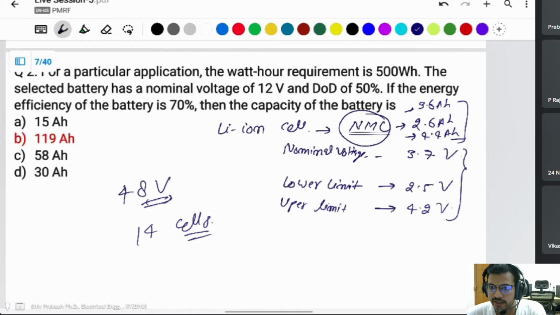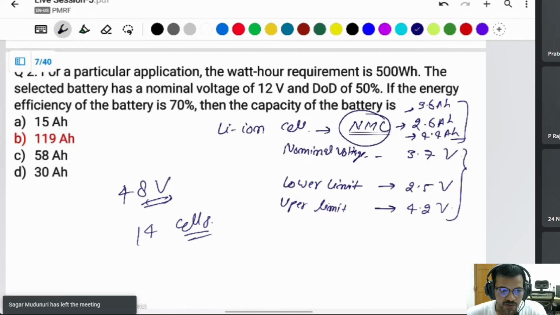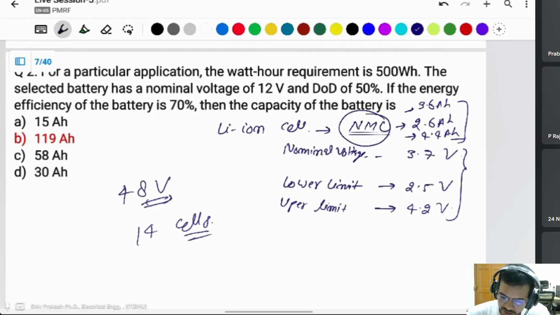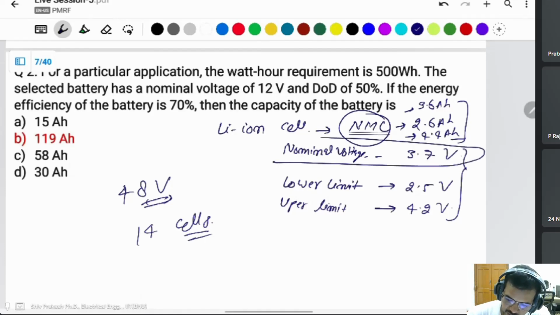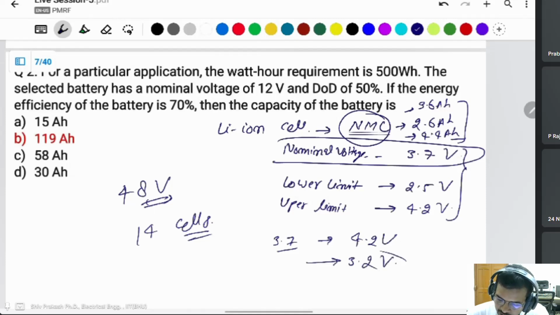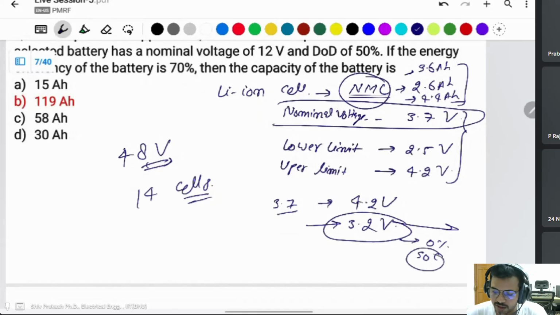In the market, when a battery manufacturer makes a battery, the nominal voltage is 3.7 volt. Maximum you can take 4.2 volt, but minimum you will take 3.2 volt only. This voltage is fixed, and at that voltage it will give 0% SOC. It will never discharge below this.